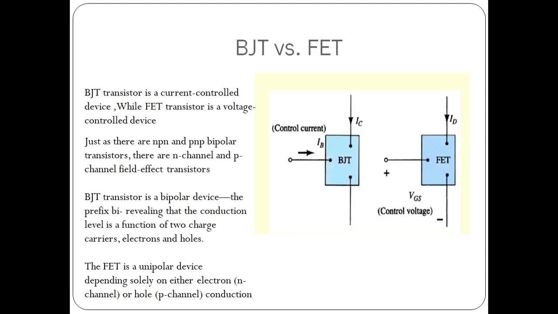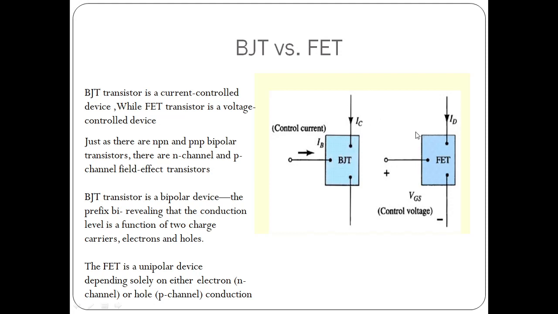Let us now compare the performances of bipolar junction transistor with field effect transistor. As you can see, bipolar junction transistor is a three-terminal device. The terminals are named as emitter, base, and collector.